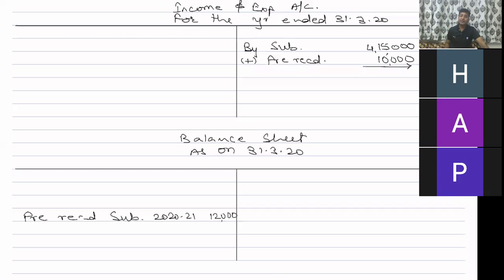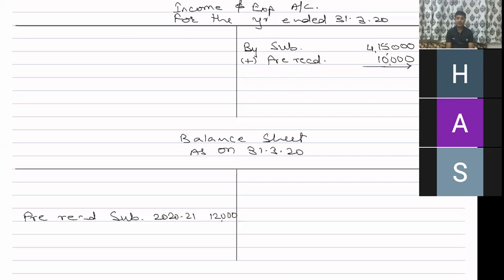No, 10,000 is not included in 4,15,000, that is why I made the cross mark, beta. There is no need of giving the additional information with reference to that, Prathamesh Gaikwad.